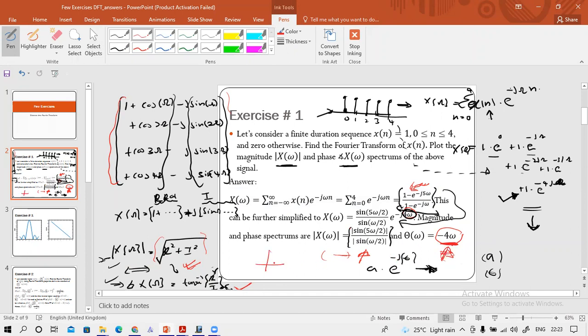It is -4 omega, a y equal to -4x type function, so it will look like this. If you plot omega with respect to -4 omega, that is phi, the phase, you will get this type of function.